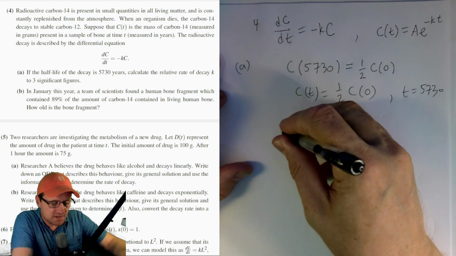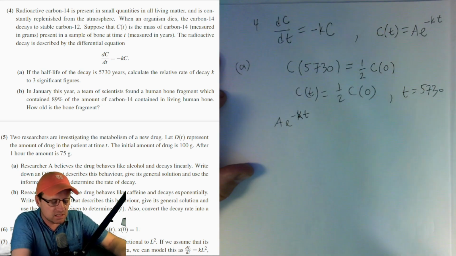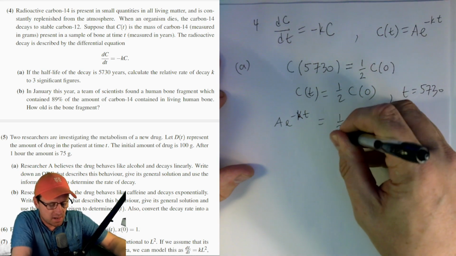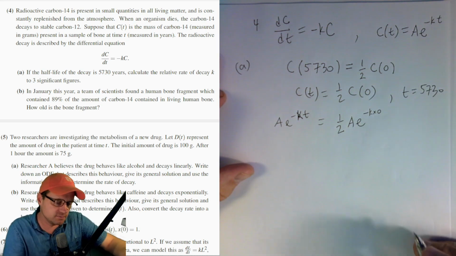Then on the left-hand side, we have A e to the minus kT, and on the right-hand side, we have 1/2 A e to the minus k times 0.